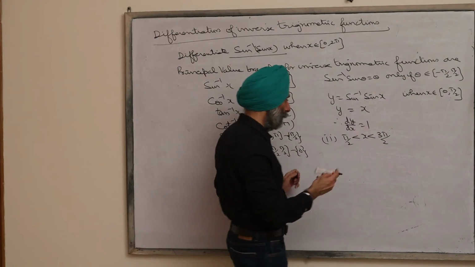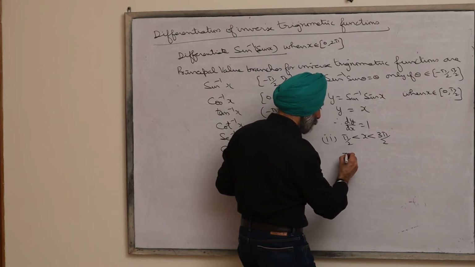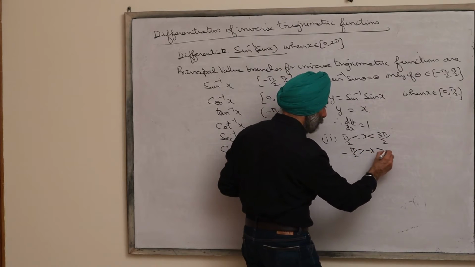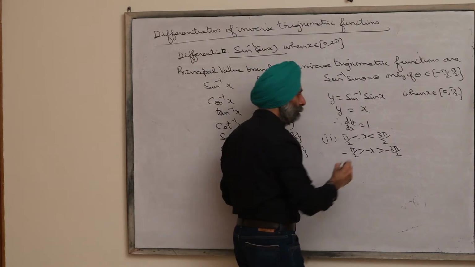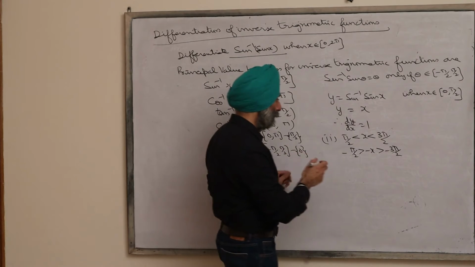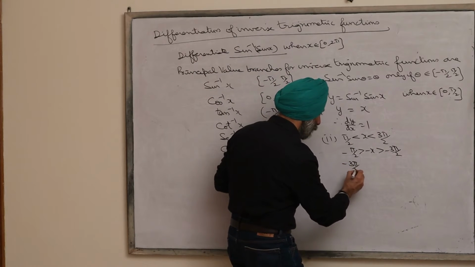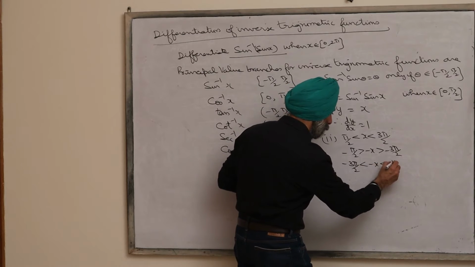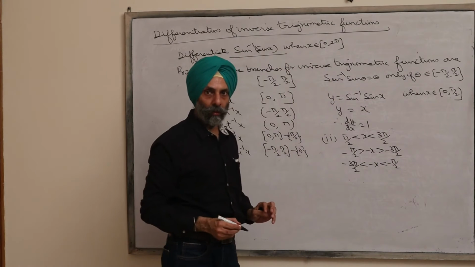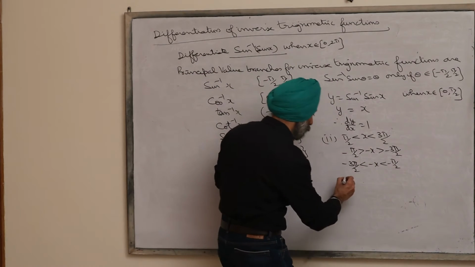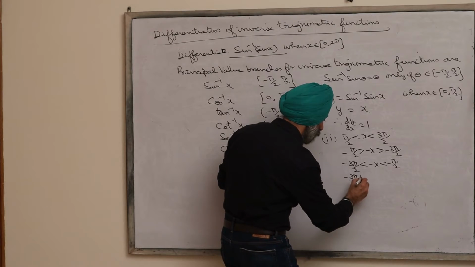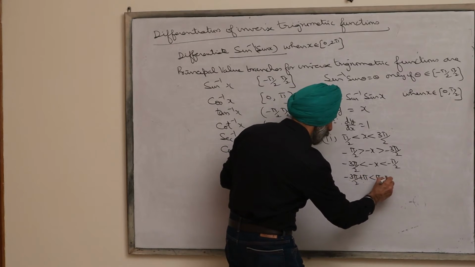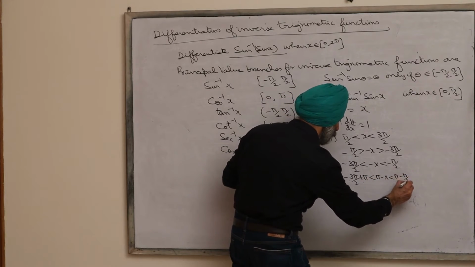So how can we do that? If I multiply it with a negative sign, minus pi by 2 is greater than minus x is greater than minus 3 pi by 2. That is, minus 3 pi by 2 is less than minus x is less than minus pi by 2. You add pi to it: minus 3 pi by 2 plus pi is less than pi minus x is less than pi minus pi by 2.